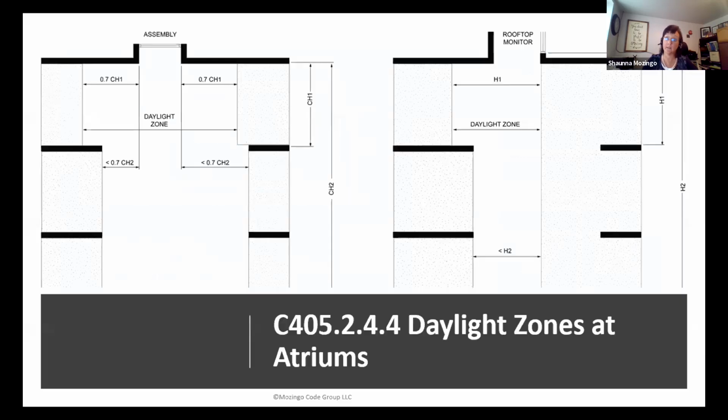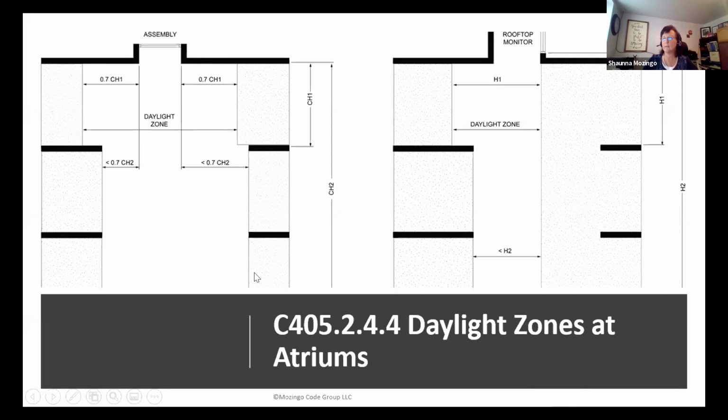All right, here's another new one. Atriums. New section that says daylight zones at an atrium space shall be established at the top floor and the bottom. There's not on intermediate floors. So you'll have a daylight zone at the top and you'll have a daylight zone at the bottom, but not at intermediate floors. It's kind of measured the same as you would for a daylight zone for a skylight, with the 0.7 ceiling height.